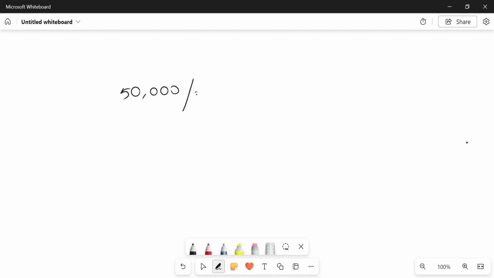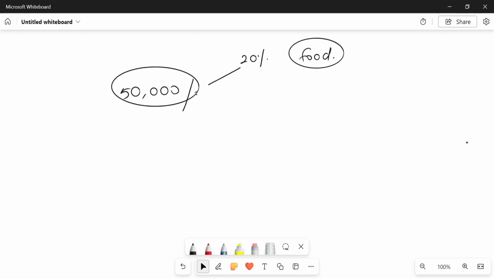His monthly salary is 50,000 rupees. In this 50,000 rupees, 20% of the amount is spent for food. For food, he is spending 20% of this amount. Therefore, we can find how much he is spending.